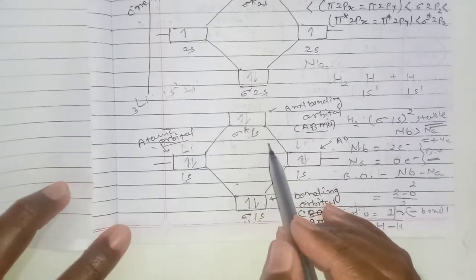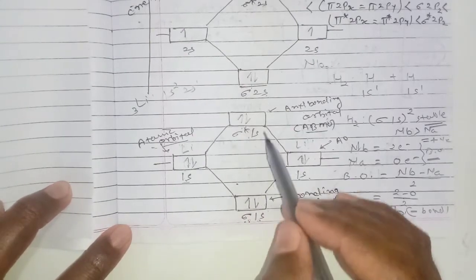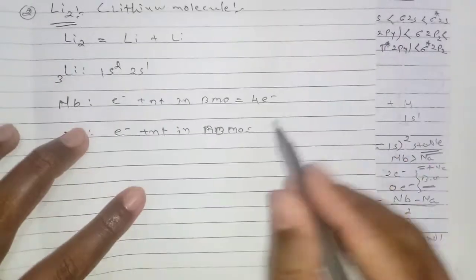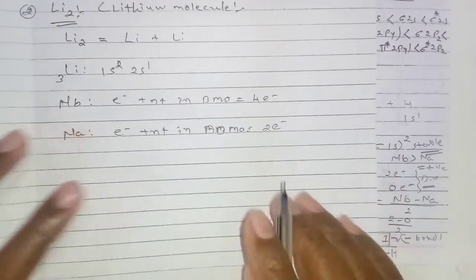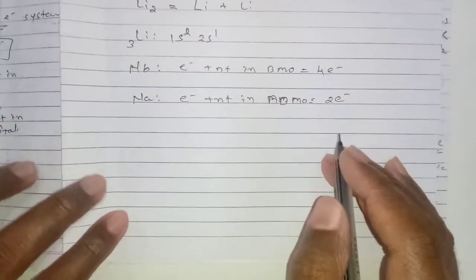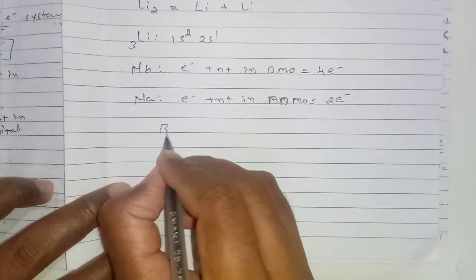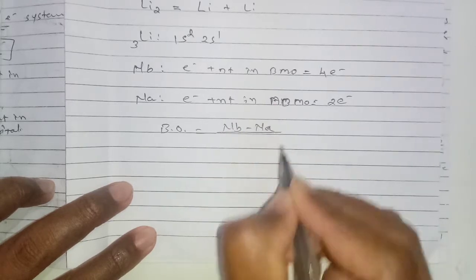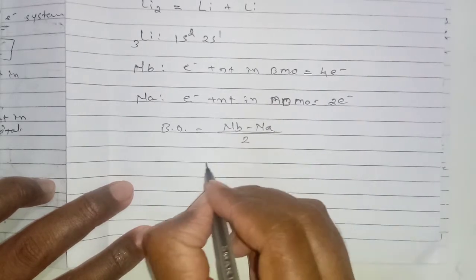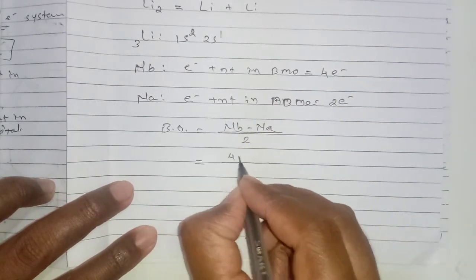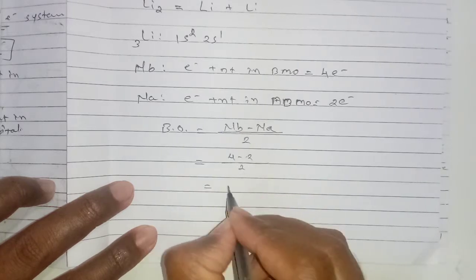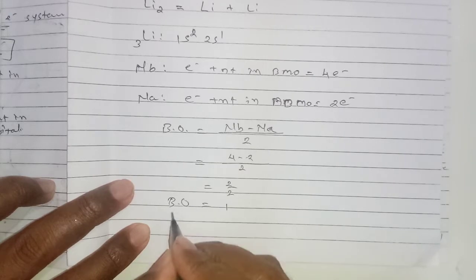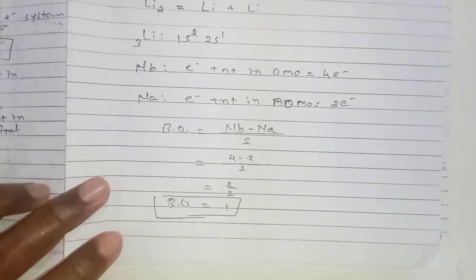In the antibonding orbitals, only 2 electrons. Now the bond order is equal to Nb minus Na divided by 2, 4 minus 2 divided by 2, 2 by 2, so its bond order is also 1.